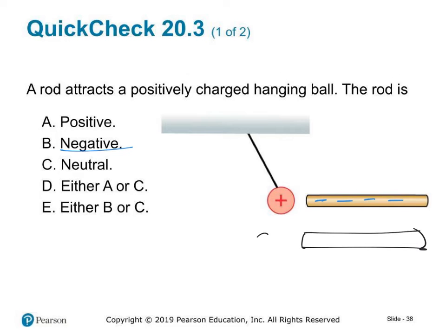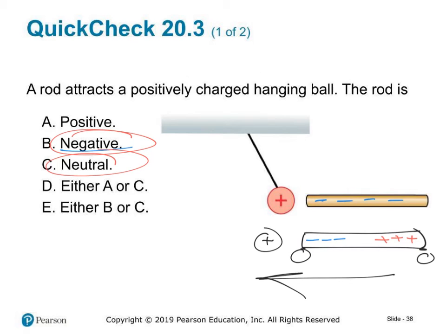So a positive sphere here would pull the negatives to one end and leave positives on the other, so that the attraction is greater on this side than the repulsion on this side, and the net force is in the direction of the charged sphere. So due to polarization, this rod could either be negative or neutral, and that is answer choice E, the correct one.